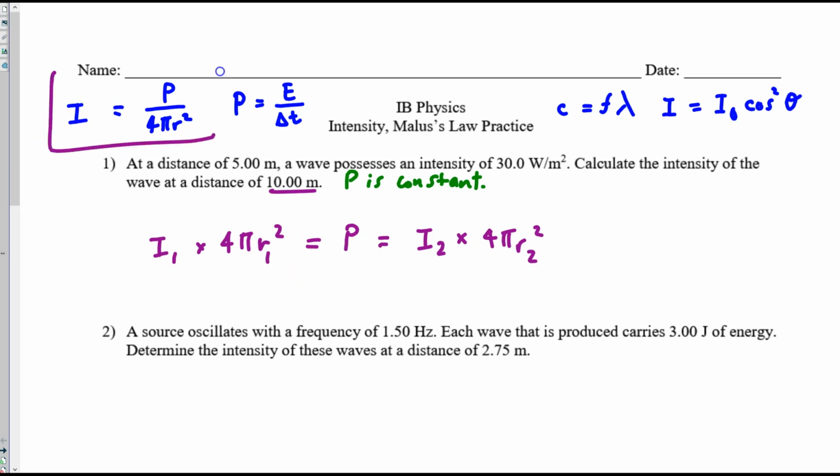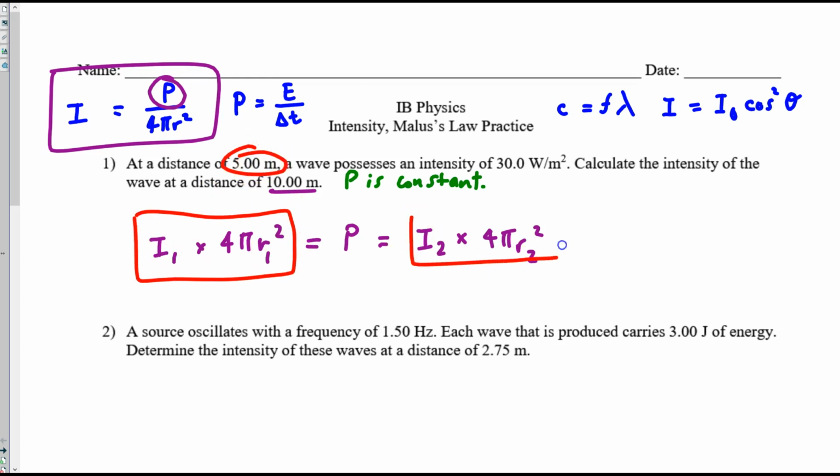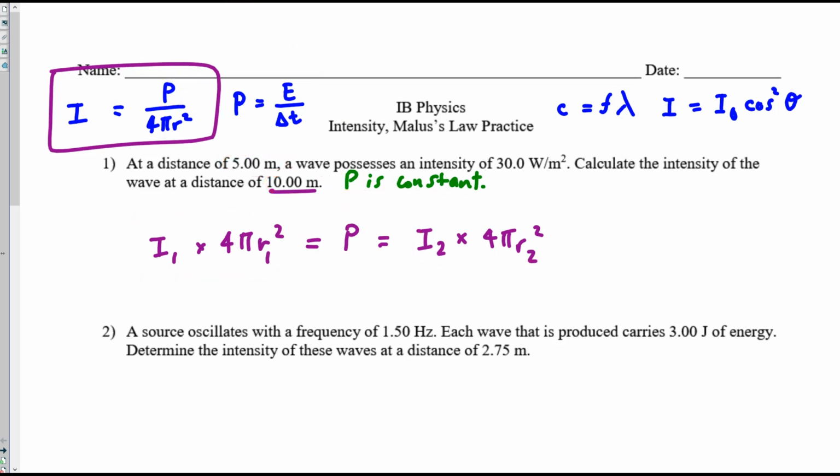Well, I've taken this equation, I've cross-multiplied to isolate power, and then I said if I apply the first conditions at 5 meters and the second conditions at 10 meters, this product gives me the same power because it's constant. And you could solve because we know I1, 30, we know R1, 5, we know R2, 10.